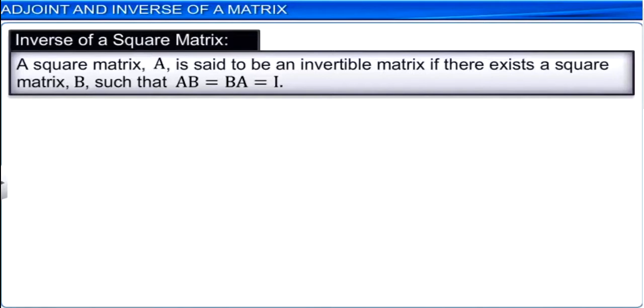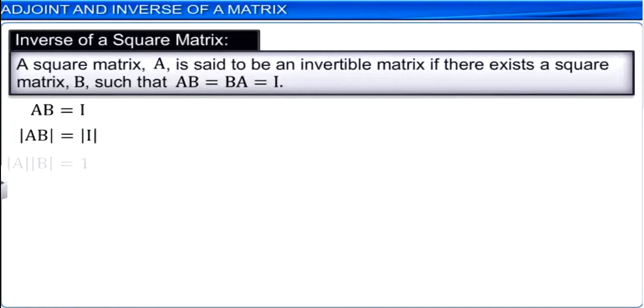Now, let us derive one property of an invertible matrix. If A is an invertible matrix, then A into B is equal to an identity matrix. This implies determinant of A into determinant of B is equal to determinant of an identity matrix, which is equal to 1.